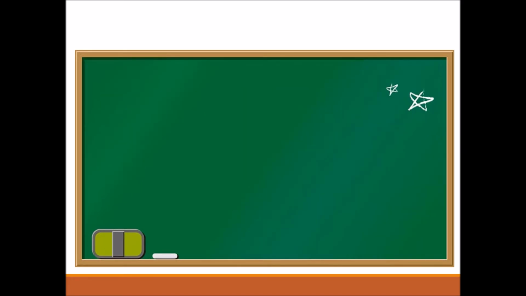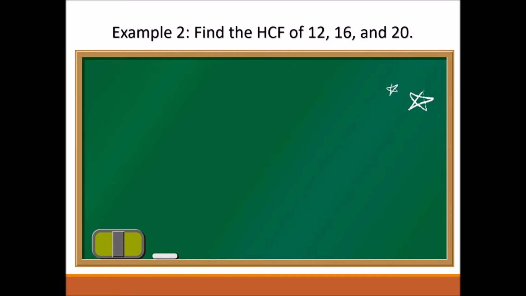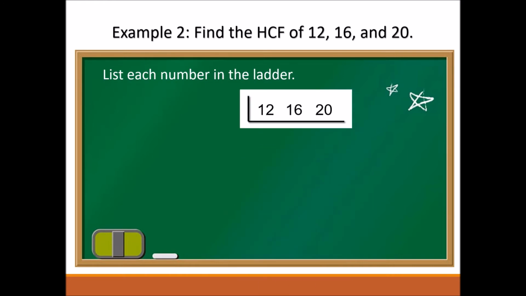Let's have our next example. Find the highest common factor of 12, 16, and 20. Again, let's write the given numbers in the ladder. We have 12, 16, and 20.